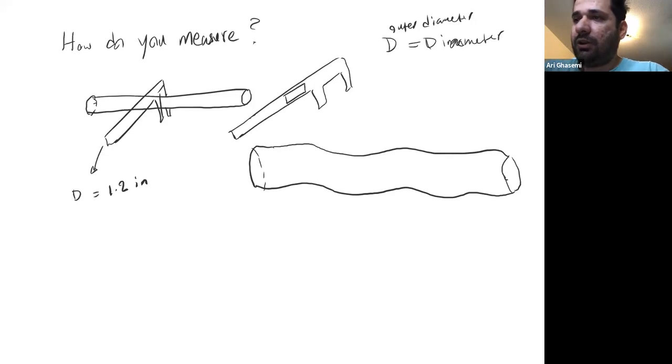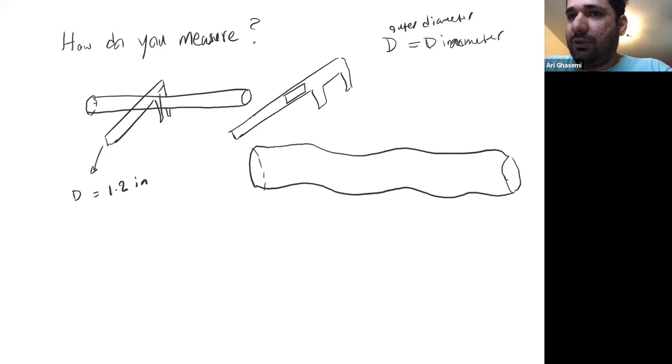Okay. So let's consider an exaggerated picture of this pipe in the real world. As you can see, you have some sort of deviation in the diameter. Somewhere is thicker, somewhere is thinner.